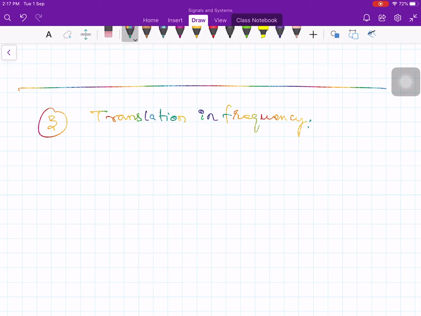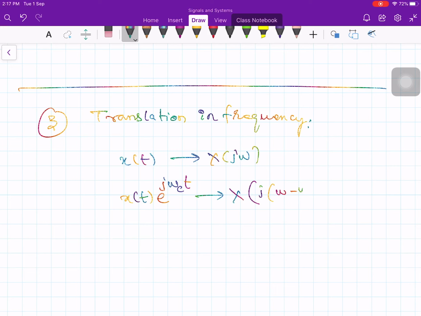If x of t has Fourier transform x of j omega, then the Fourier transform of x of t multiplied by e to the j omega ct is x of j times omega minus omega c. We will prove this.